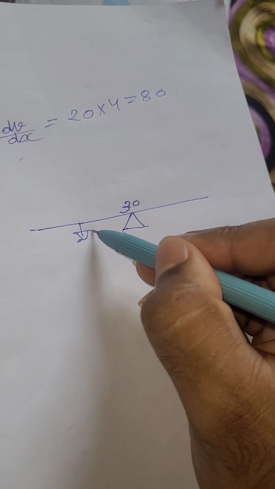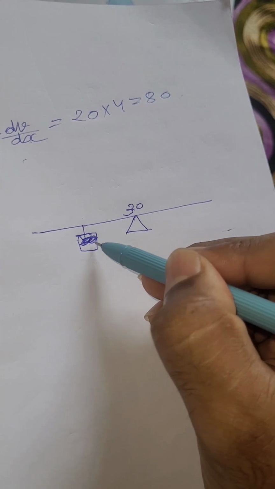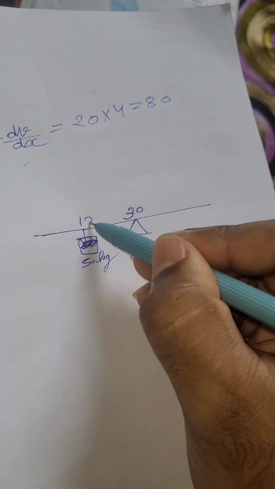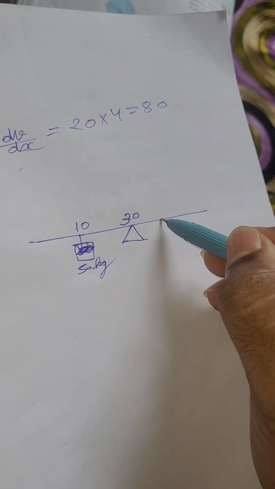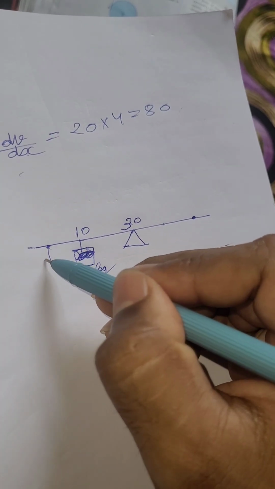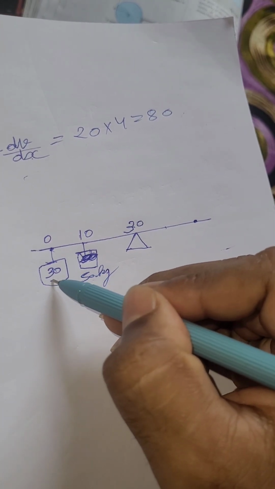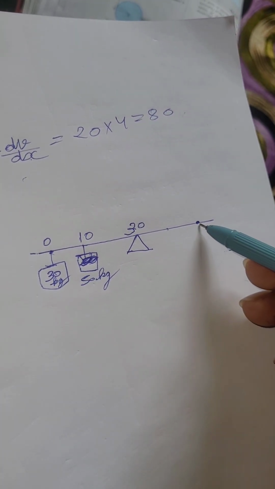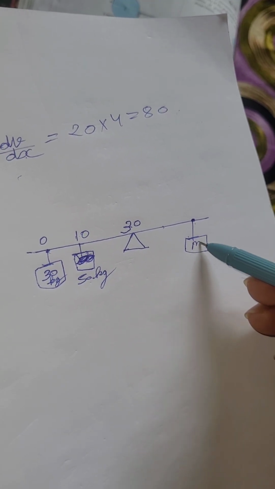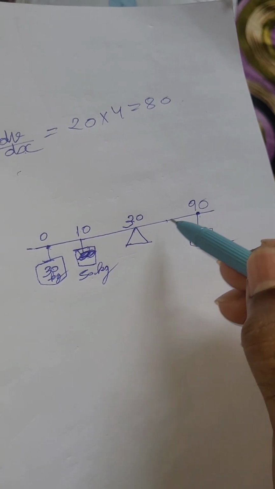I will hang a weight of 50 kgs at 10 centimeter, and at 0 I will hang 30 kgs. What will be the weight I will hang at 90 to balance it out?